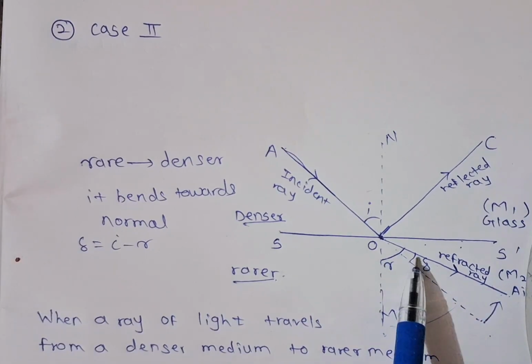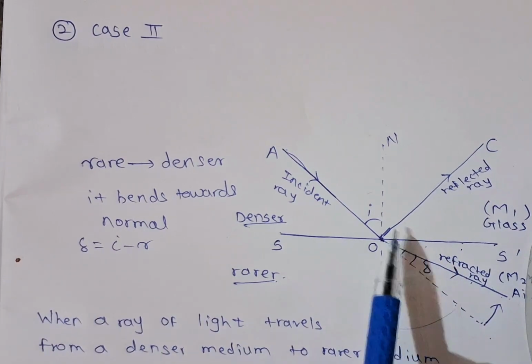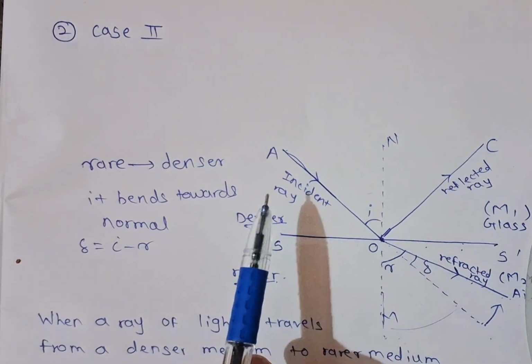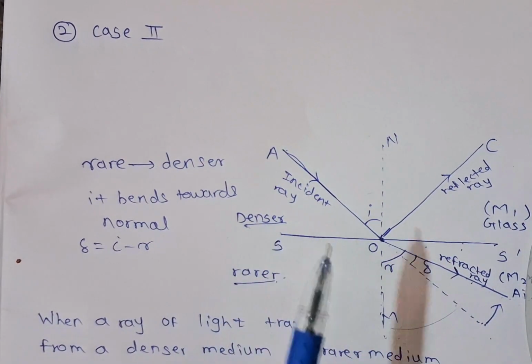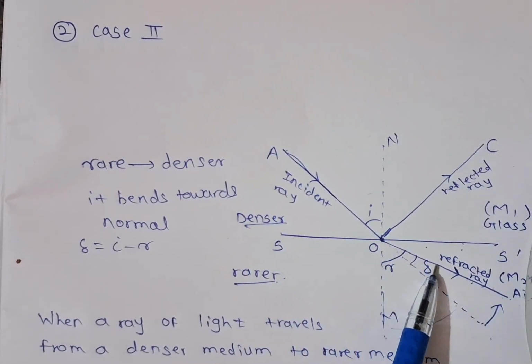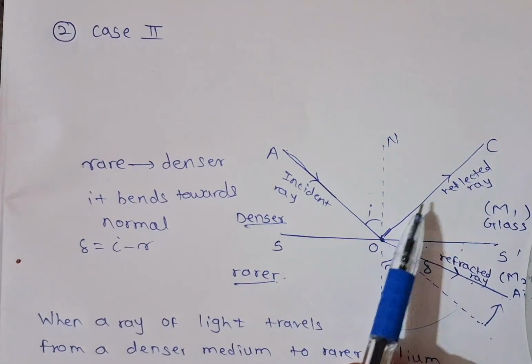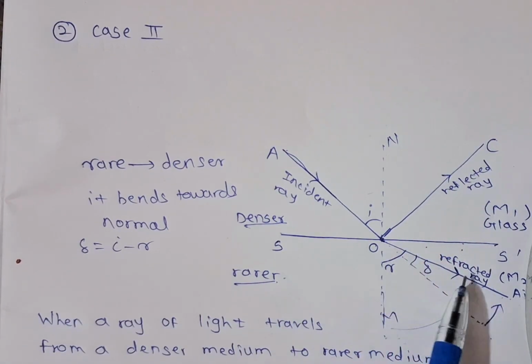So now this part. Okay, so what happened in case 2? When light comes from denser medium to rarer medium, it bends away from the normal. This is normal, and this light is going away from the normal.